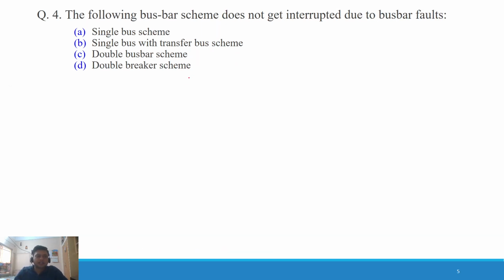Question 4: the following busbar scheme does not get interrupted due to busbar faults. This one is a nice problem.